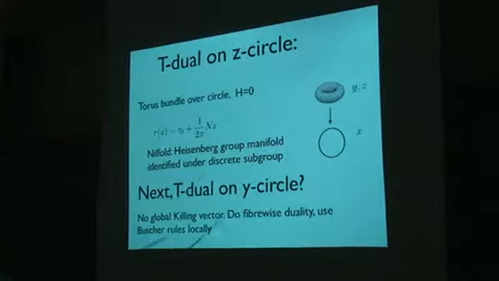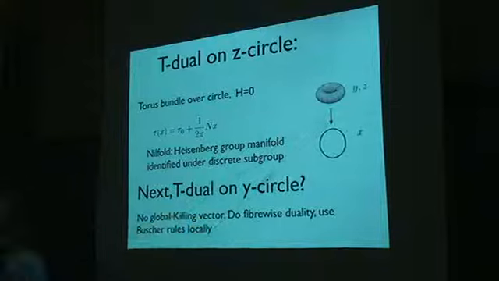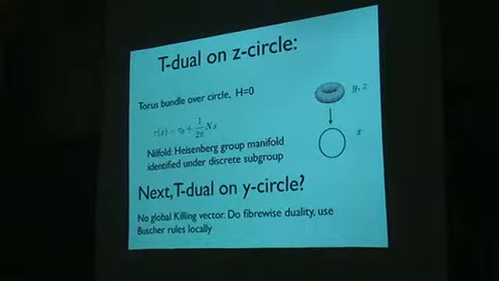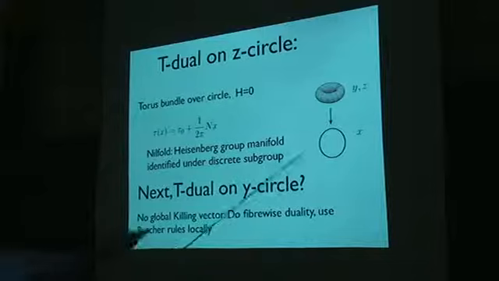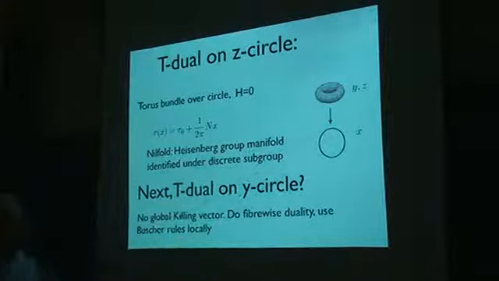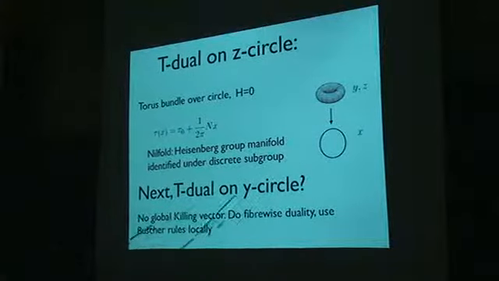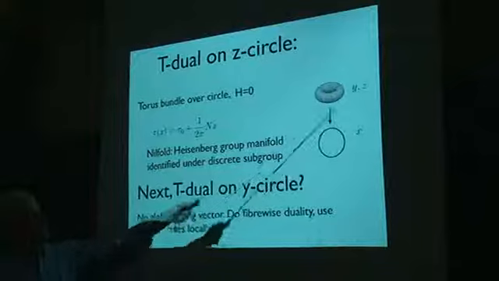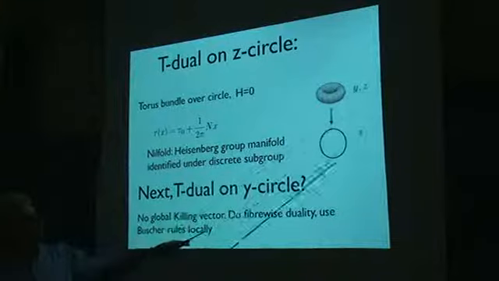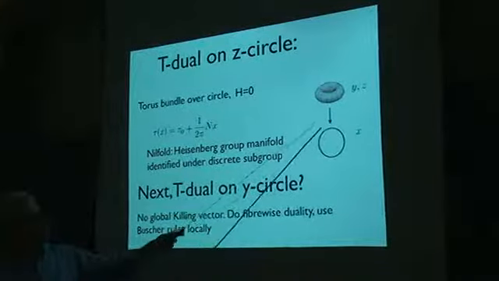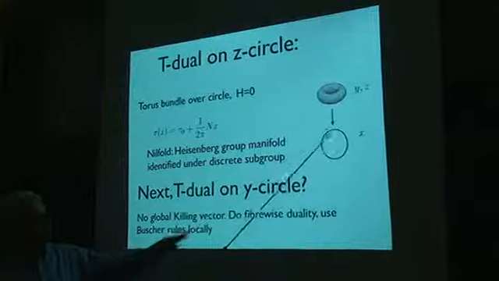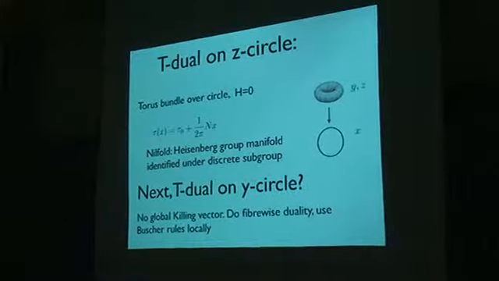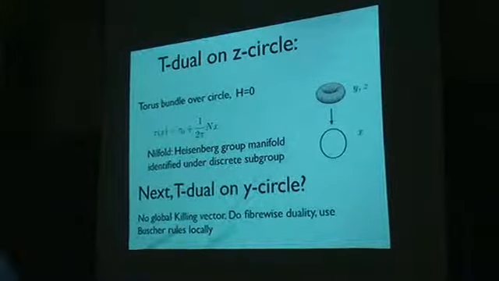But we could try and use the rules, and so this would be a case where the Buscher rules wouldn't apply, but we could try and use them anyway, and by applying them locally into the fiber-wise duality, because locally on this x, if this was a very large circle, for example, and things were varying slowly with respect to here, one would expect to still be able to do the dualities fiber-wise.